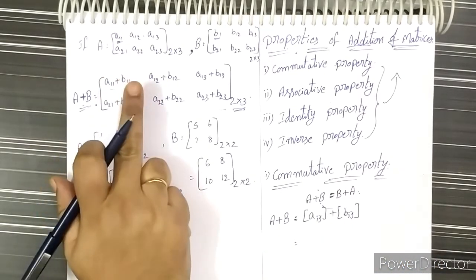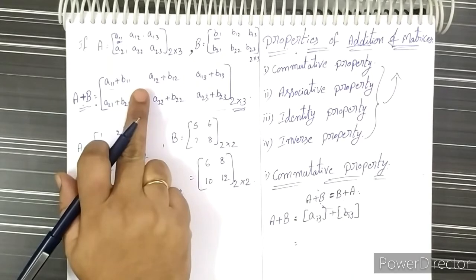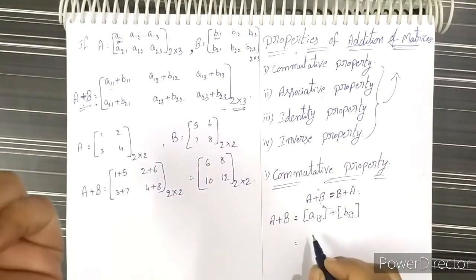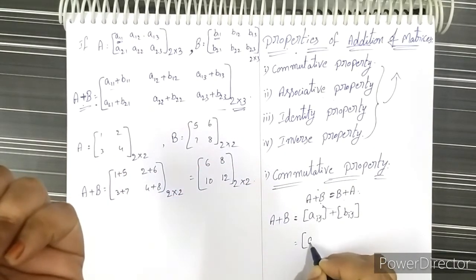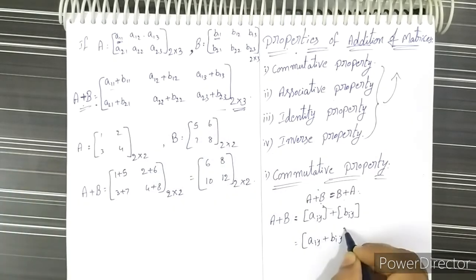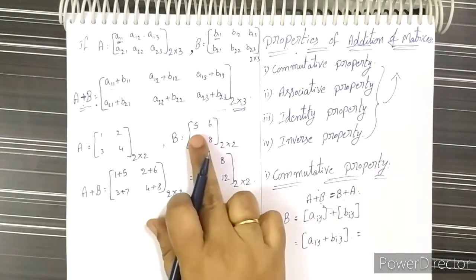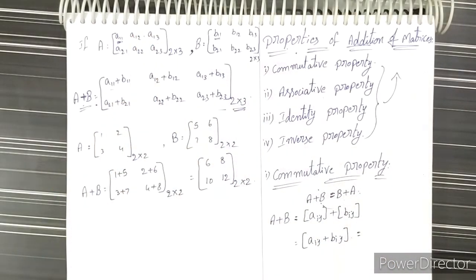In this addition of matrices formula, we can add it, then Aij plus Bij by using the definition of addition of matrices. Here Aij and Bij are the elements of the matrices. Elements means numbers or any letters.